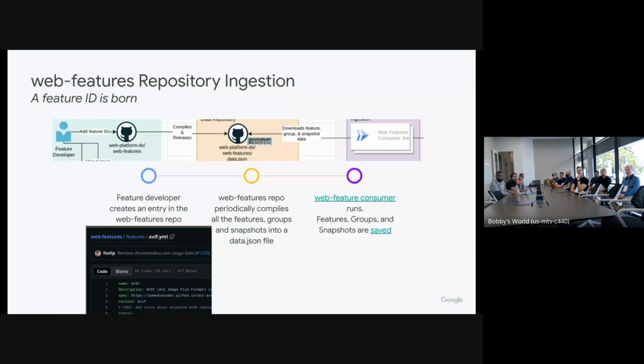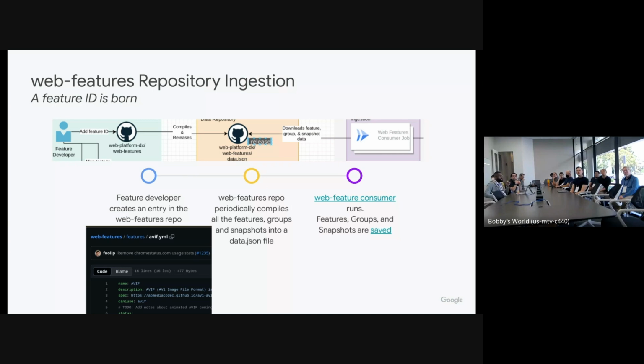So, ingestion. This is where I call a feature ID is born. This comes from the feature living inside the web features repository. As a feature developer, if it doesn't exist yet, it's up to you to contribute and add a feature to this repository.